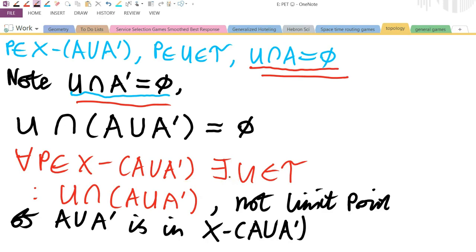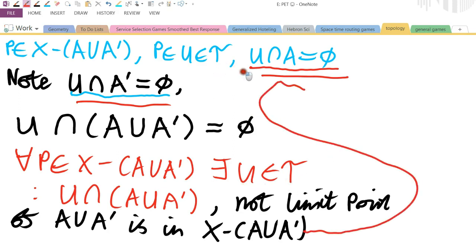Okay. Another way of saying that, let's make a little bubble up here to write in, is that A union A dash contains all its own limit points. Hooray!